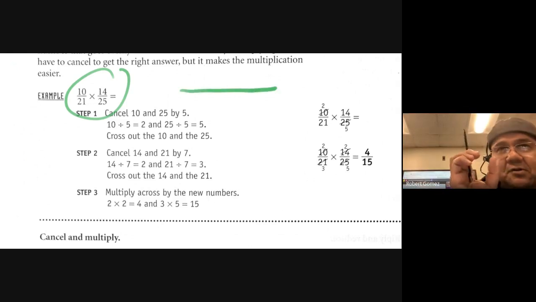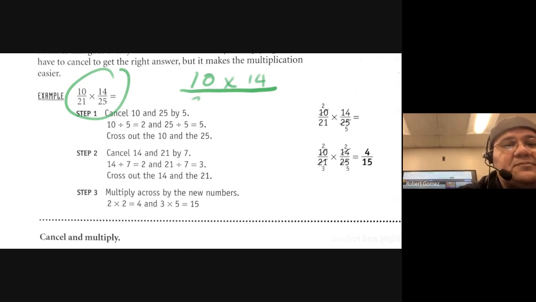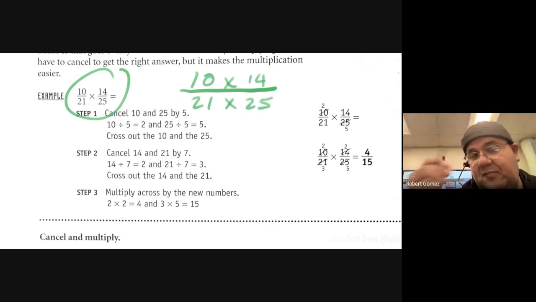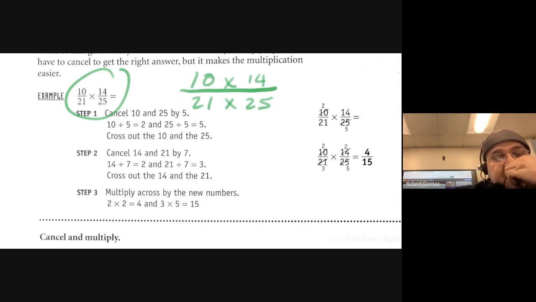Instead of two little fraction bars, I can look at it like this. Let's just pretend that this is all one big fraction, right?